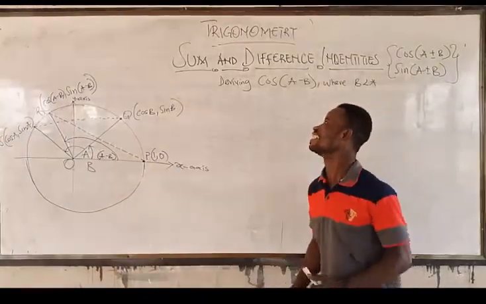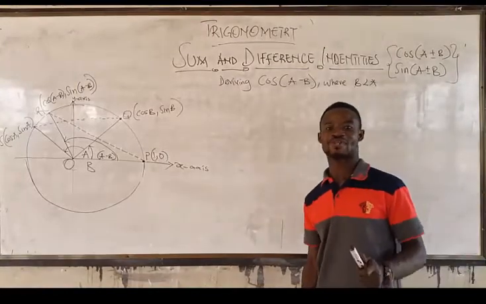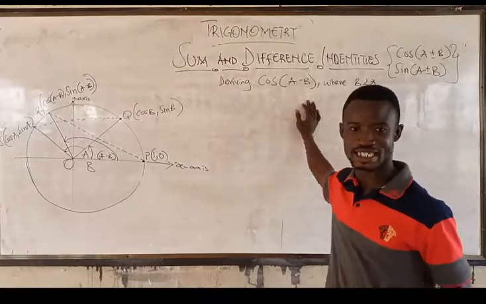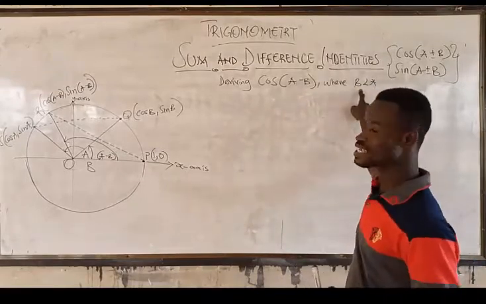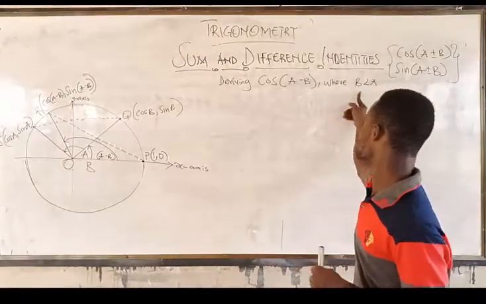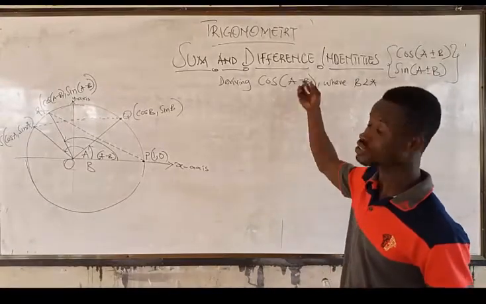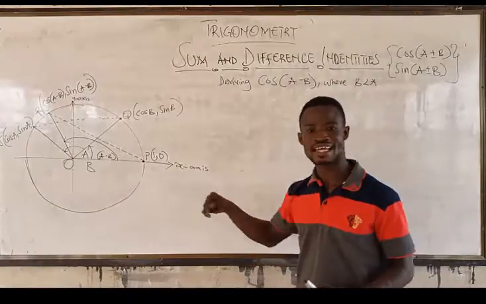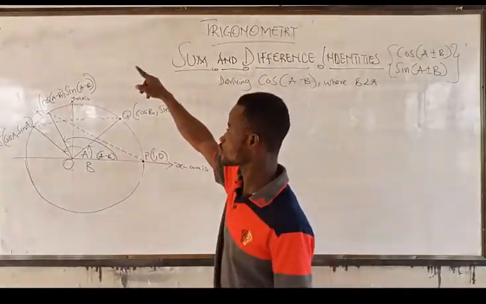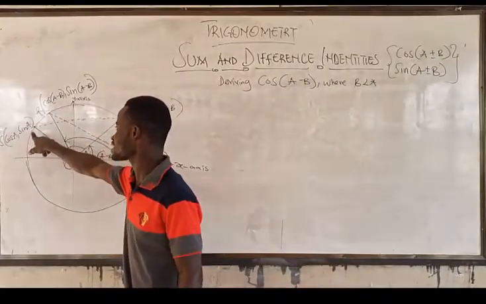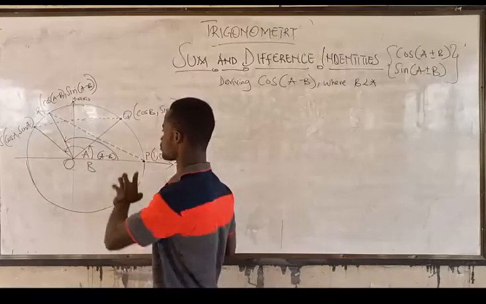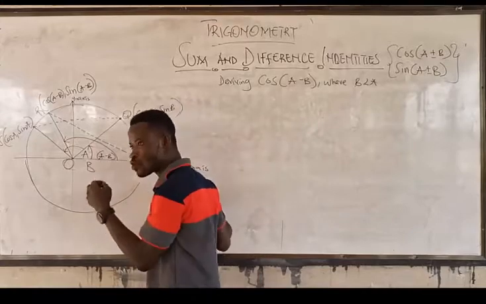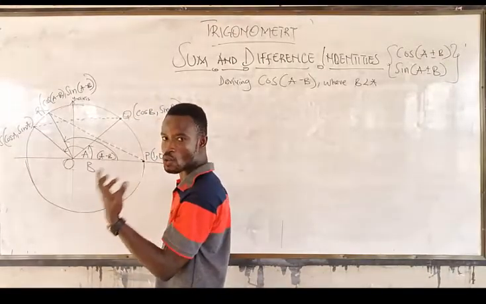Nice. So we can now derive a formula for cos(A minus B), where B is less than A, so that when you subtract, it's not going to give you a negative argument. Now from the unit circle, you know that the radius is 1.